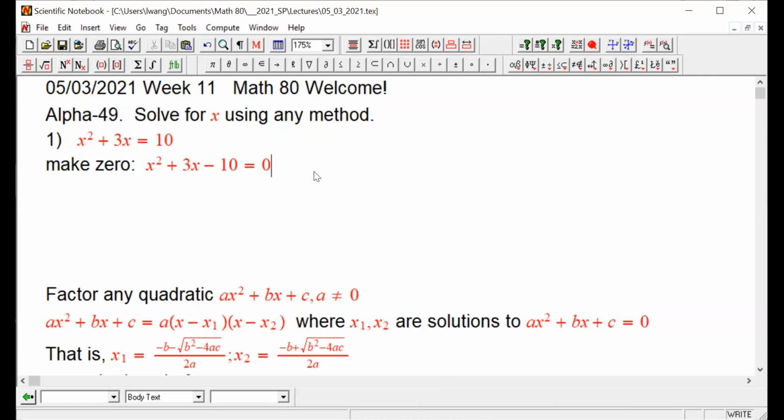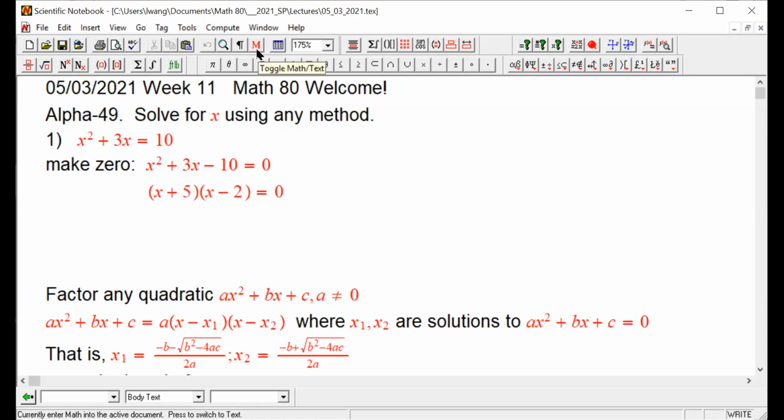Then you can proceed with any way you want to. For example, in this case, I will first think of factoring. I imagine some of you will be thinking about factoring as well, because if it works, it works very nicely. So I can have x plus 5 and x minus 2 there. You don't need to do the discriminant or substitute, those more tedious calculations.